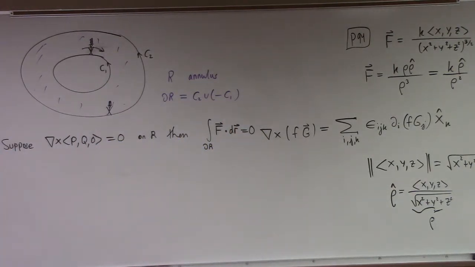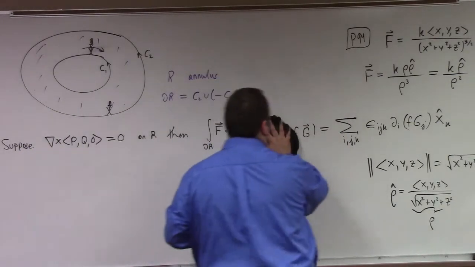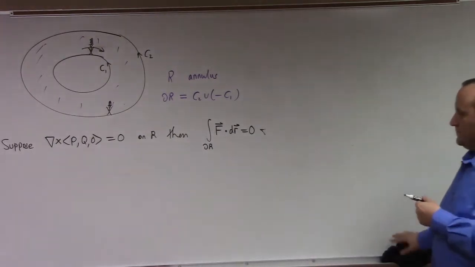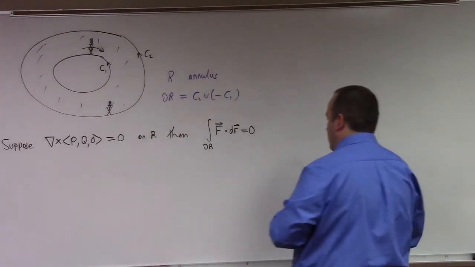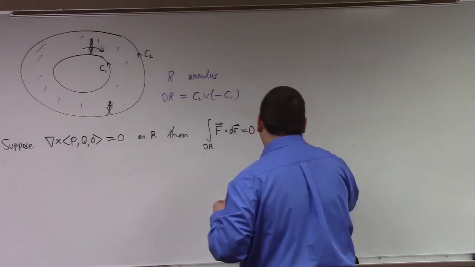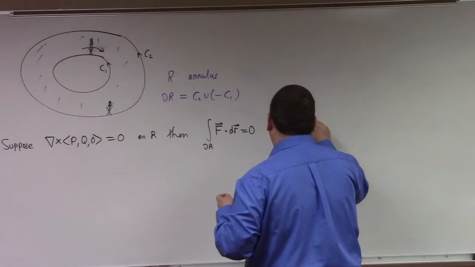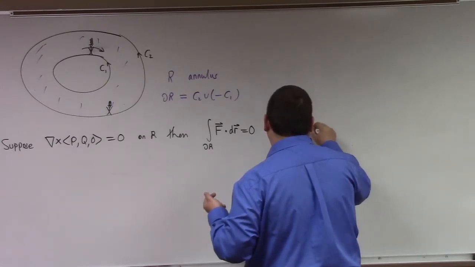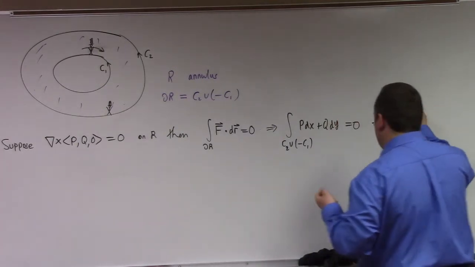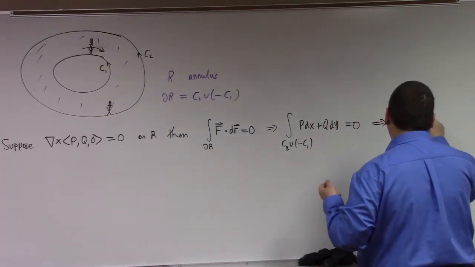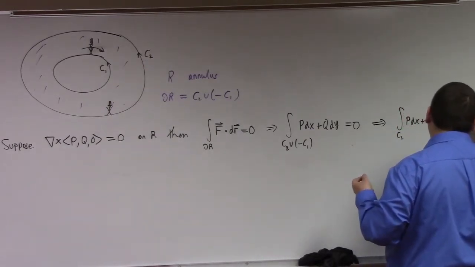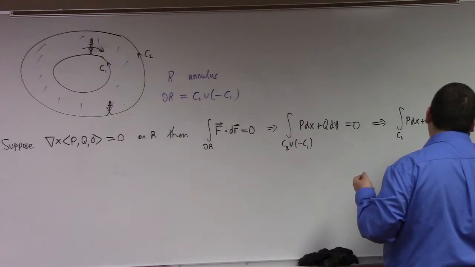But what is the boundary of R? This is to say that the integral over C2 union minus C1 of P dx plus Q dy is equal to 0, which then implies that the integral over C2 of P dx plus Q dy is equal to the integral over C1 of P dx plus Q dy.